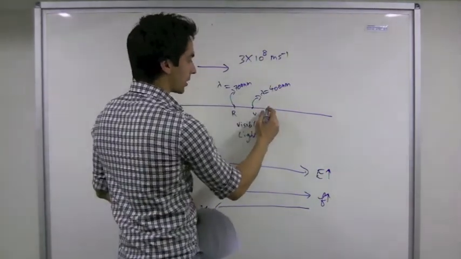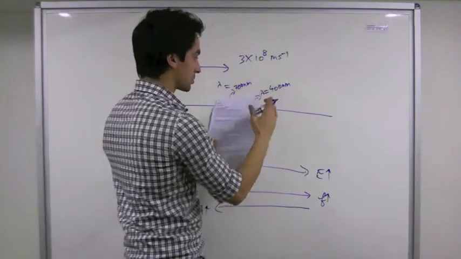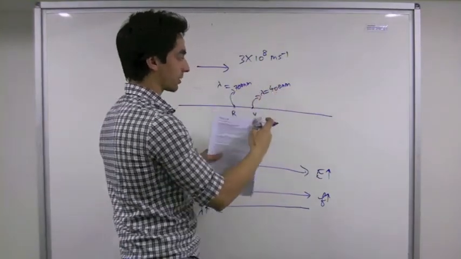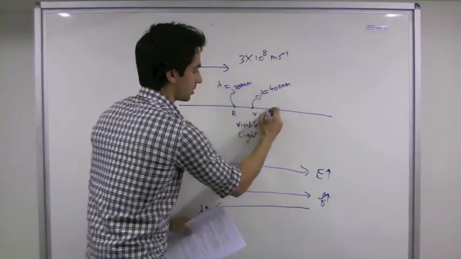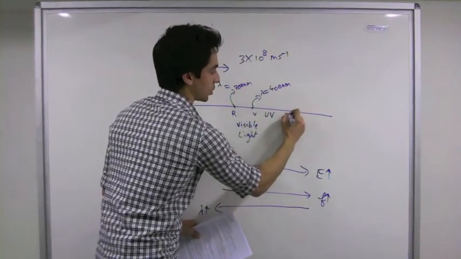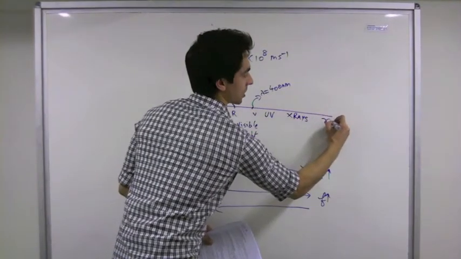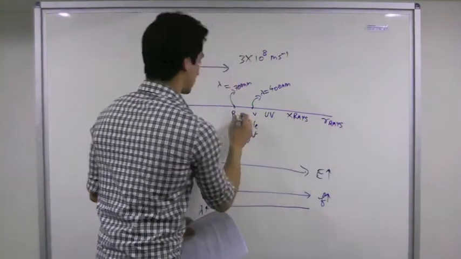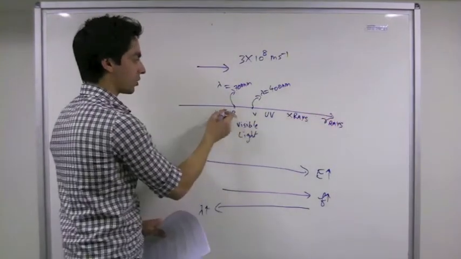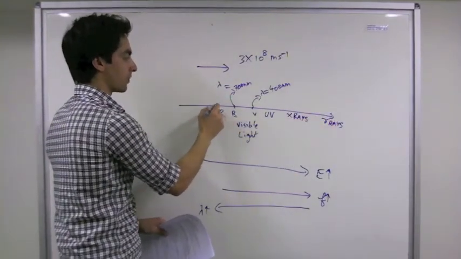After violet light, the electromagnetic waves which have more energy are UV rays. Then you have X-rays here with even more energy, and gamma rays with the maximum energy. And to this side, below red light, you have infrared.